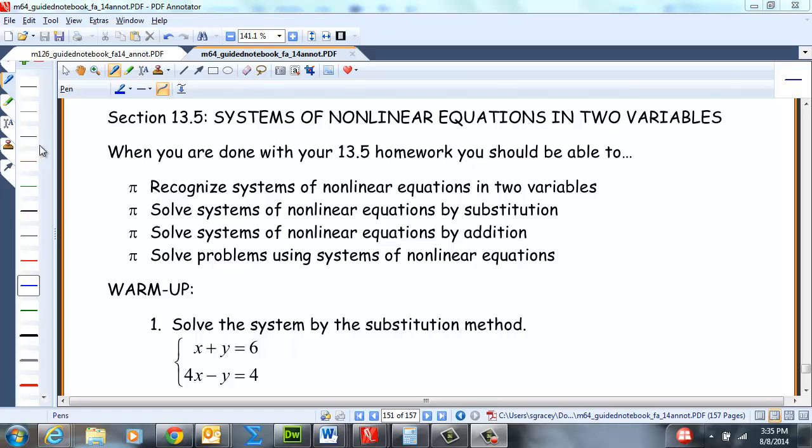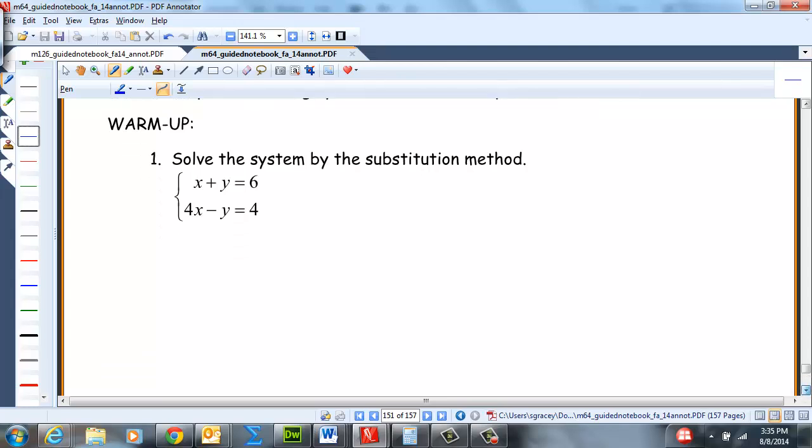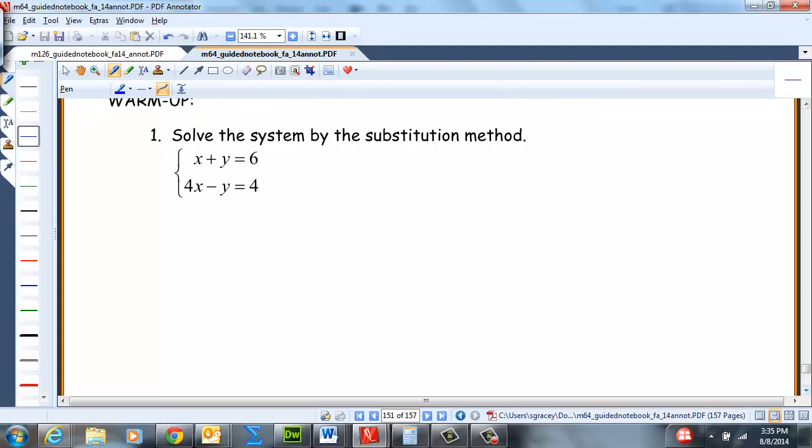So here we go. We'll be warming it up by solving a system of linear equations in two variables, and then we'll move into using the substitution and addition method in order to solve the nonlinear systems.